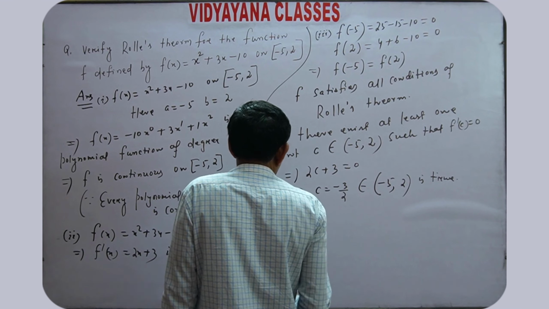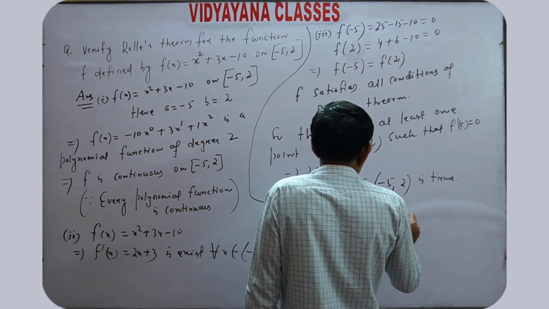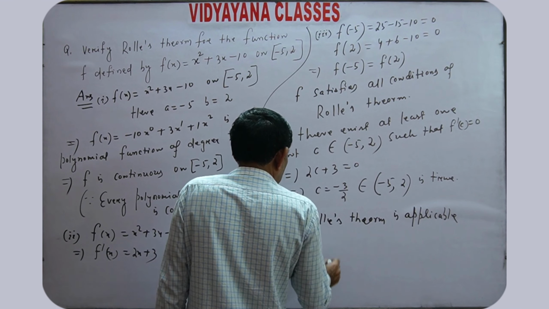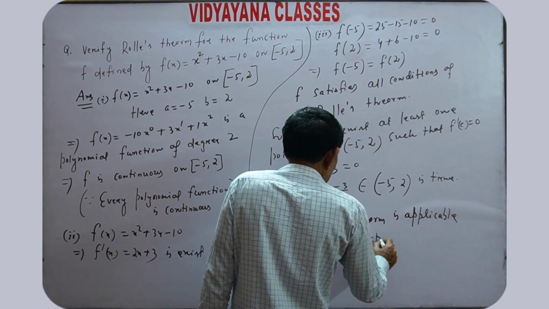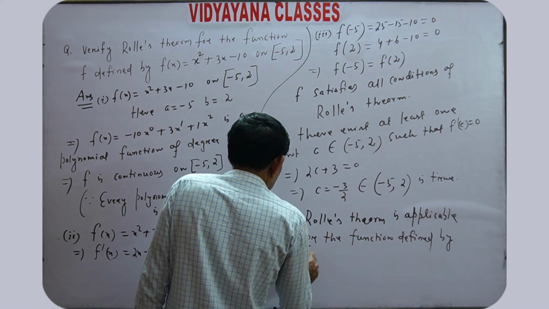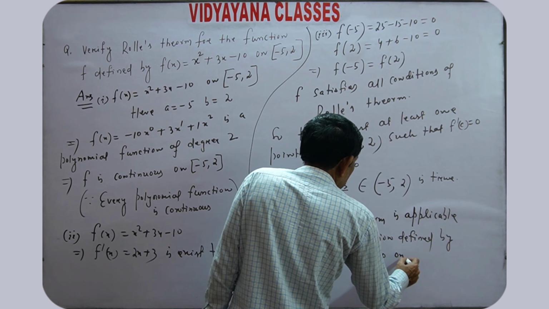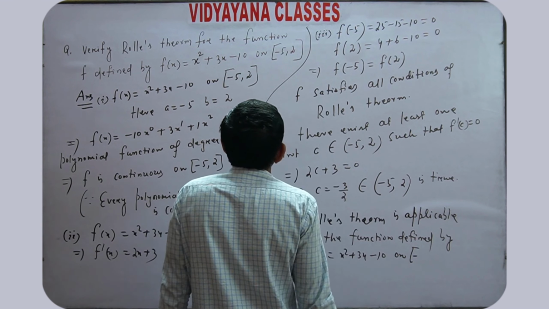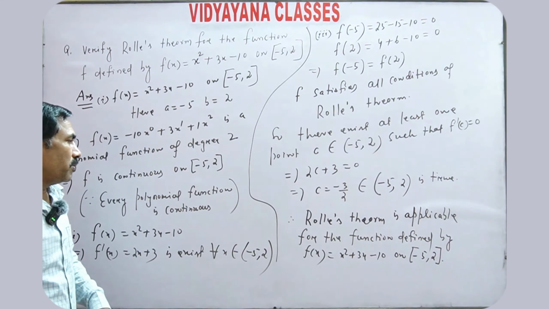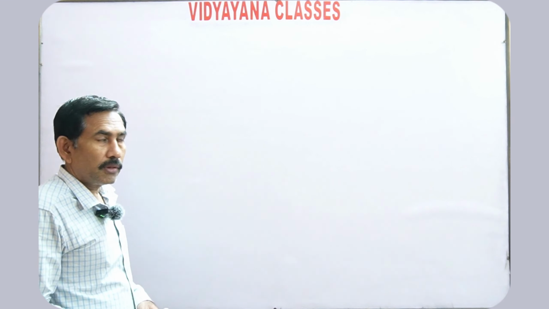Therefore, Rolle's theorem is applicable for the function defined by f(x) is equal to x square plus 3x minus 10 on the closed interval minus 5 to 2. Clear? Okay. Next.